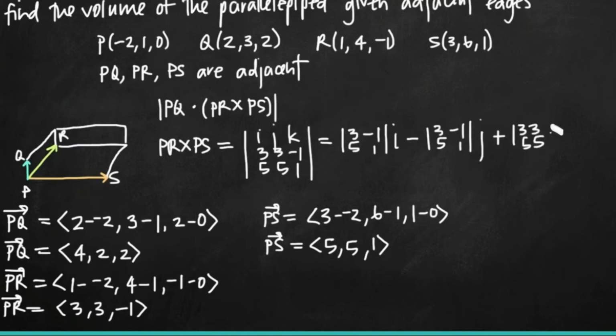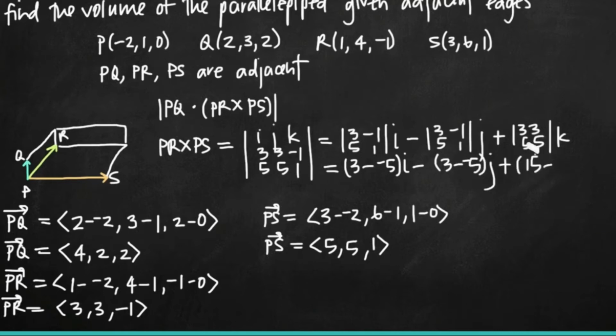To do this, we are first going to get the i component for this cross product. We shall eliminate the first row and the first column where i is a member and remain with 5, 5, and negative 1, 1. Let's get the components for j. We also eliminate the first row and second column where j is a member, so that we remain with 3, 5, which is minus j, 3, 5, negative 1, and 1.